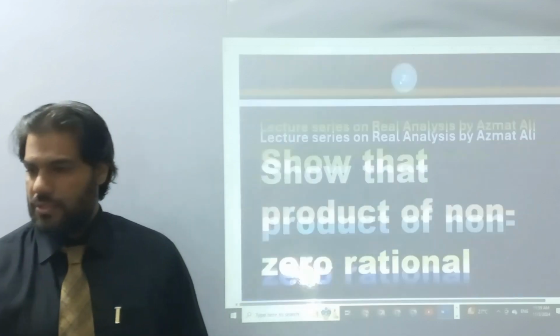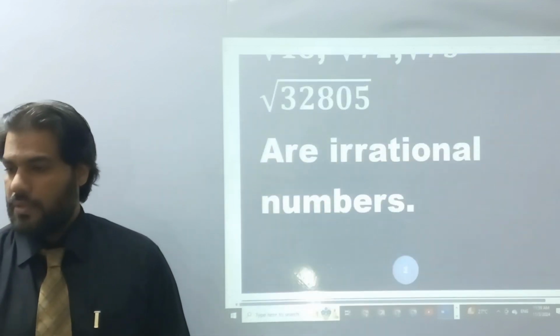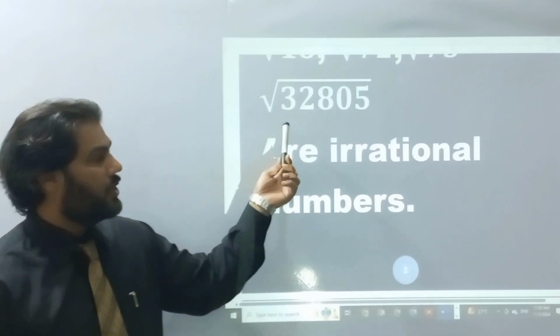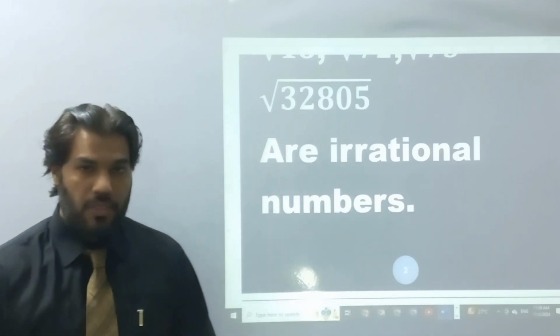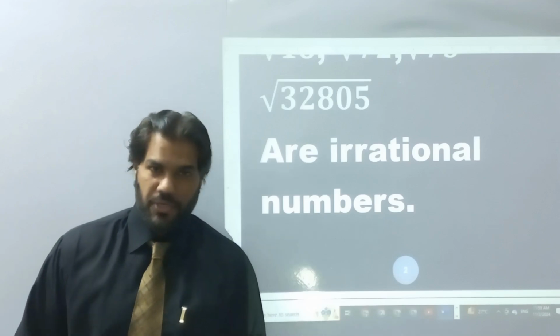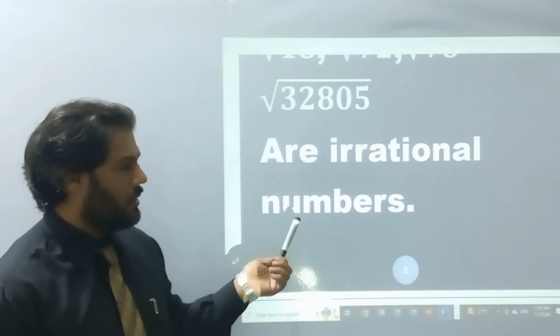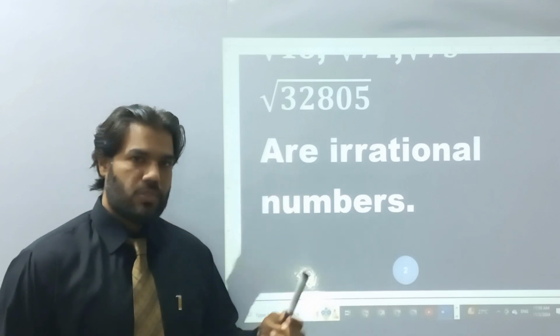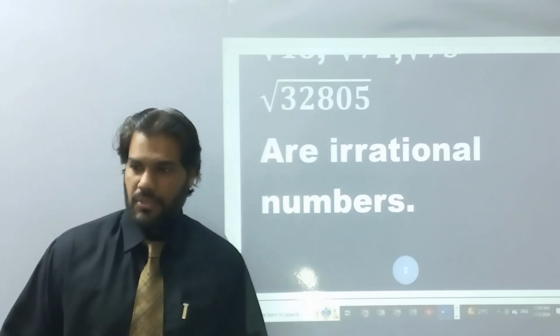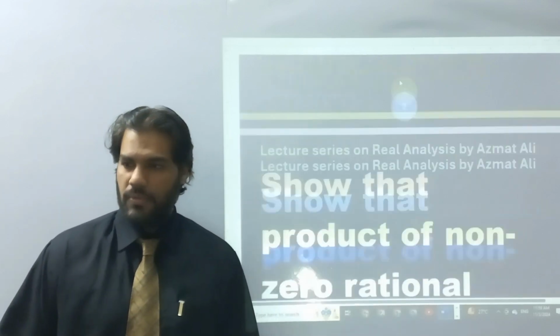And the last one is square root 32,805. So in this lecture, we will discuss the irrationality of all of these square roots. All of these square roots are actually irrational numbers. This is our target to prove.